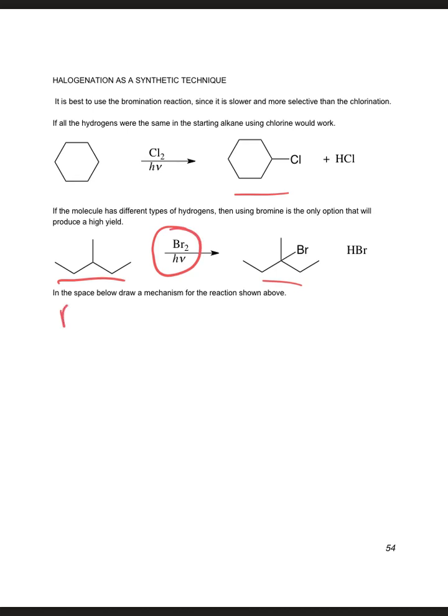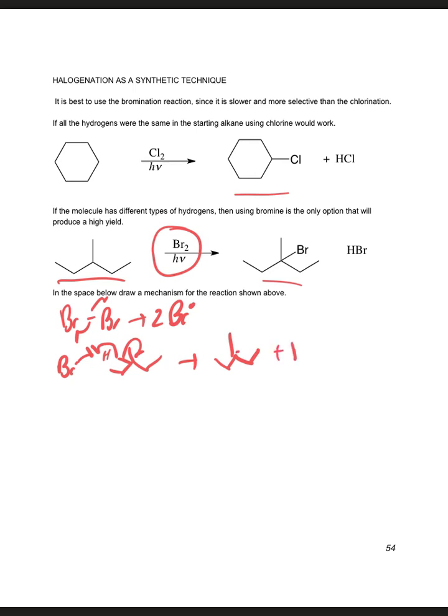So for the mechanism of this, the first step, two bromines split apart to form two bromine free radicals. A bromine free radical will abstract a hydrogen, excuse me, it's not a proton, from our 3-methyl pentane to make a small whole molecule, the HBr, along with our radical on that 3 carbon.